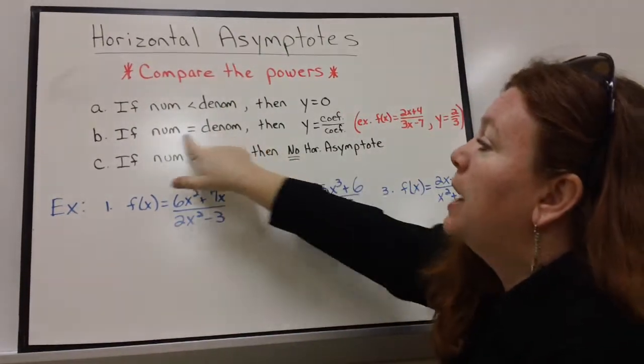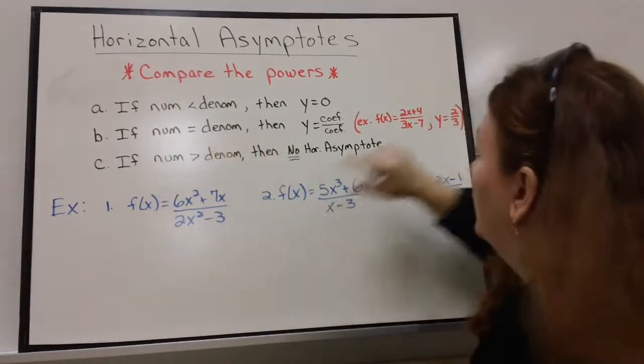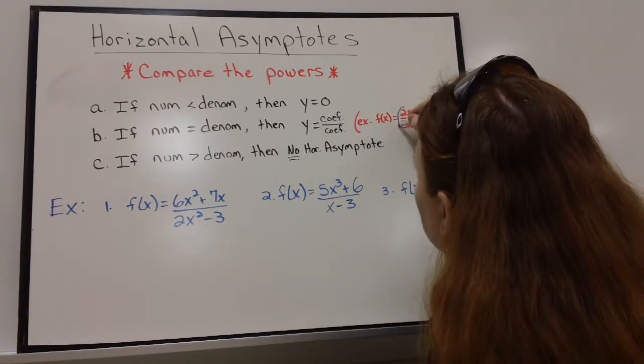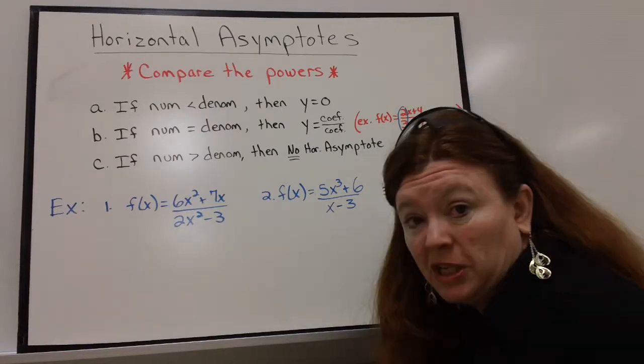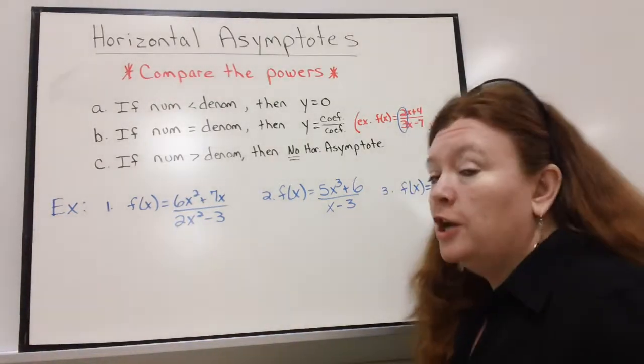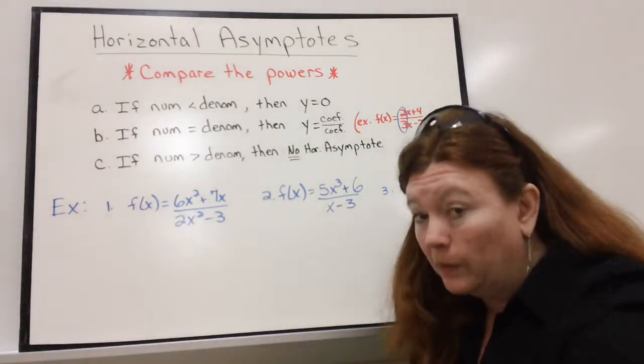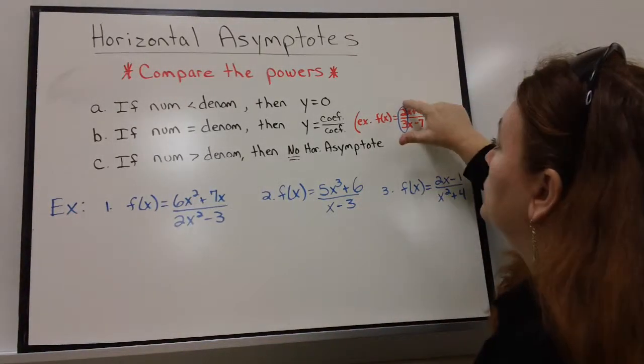So since the power or degrees are equal, I'm going to take the fraction of the coefficients. So I know for a horizontal asymptote, I'm looking for an equation, y equals, so it is y equals 2 over 3.